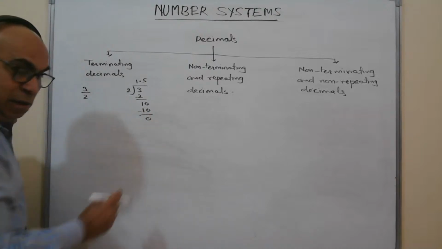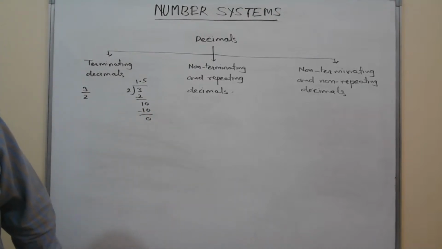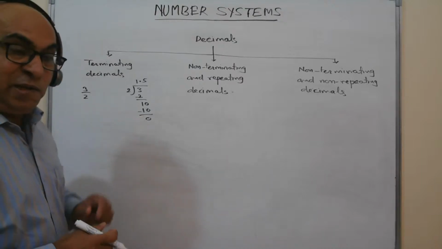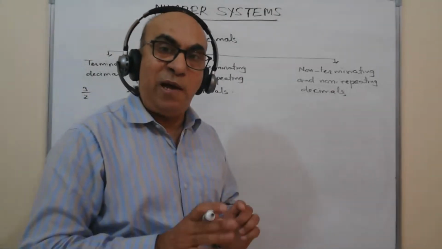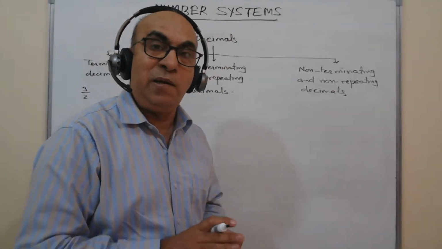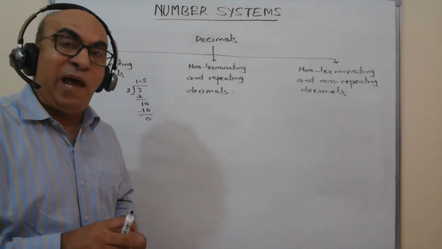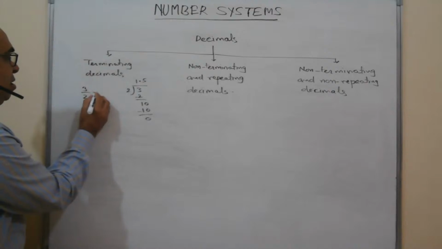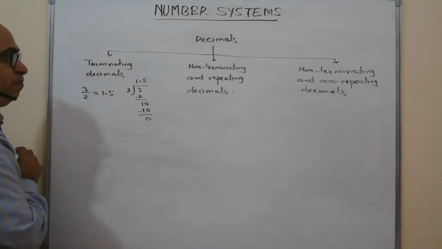When we divided, the remainder is 0. So whenever you divide a number by another number and the remainder is coming 0, then that decimal is a terminating decimal. It is 1.5.